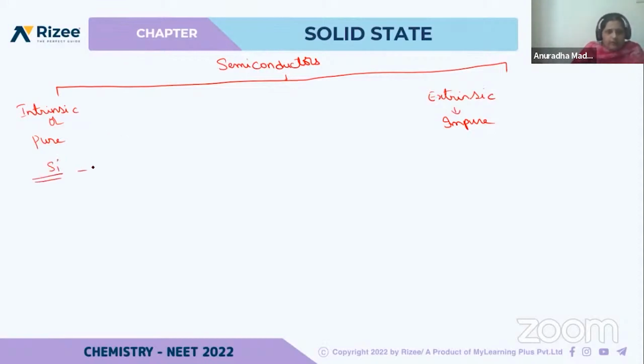Let's take silica. We know this one comes in group 14, and valence is 4 for this silica.